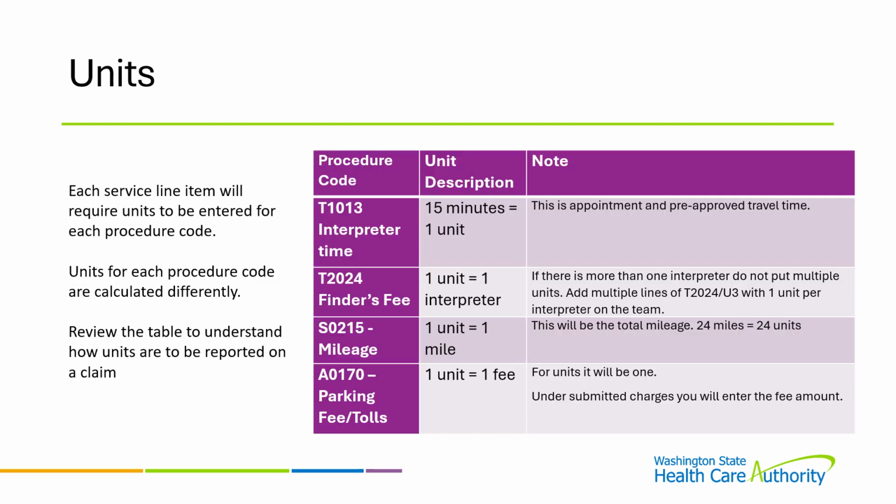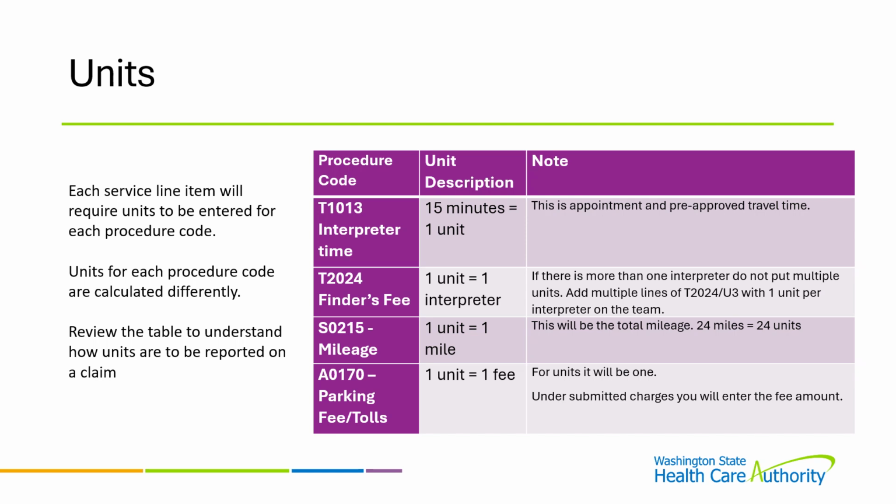When entering units on the service line, you are entering quantity for each procedure code. For sign language interpreting time, 1 unit equals 15 minutes of interpreting or travel time. For mileage, 1 unit equals 1 mile traveled. Agency finder's fees units are always 1 per service line.